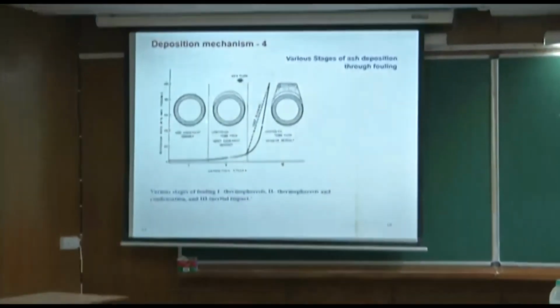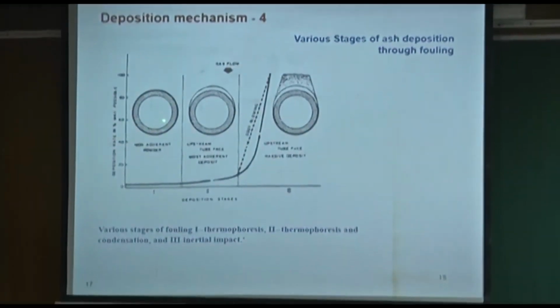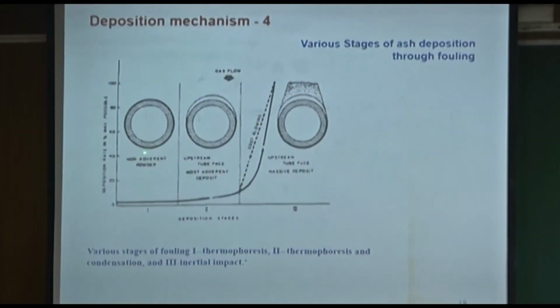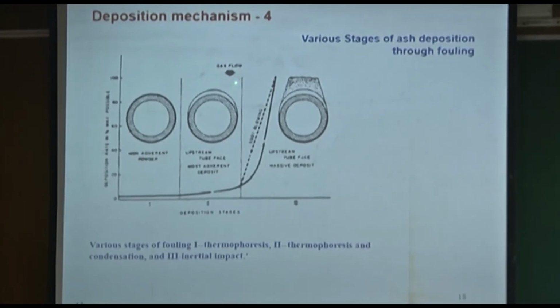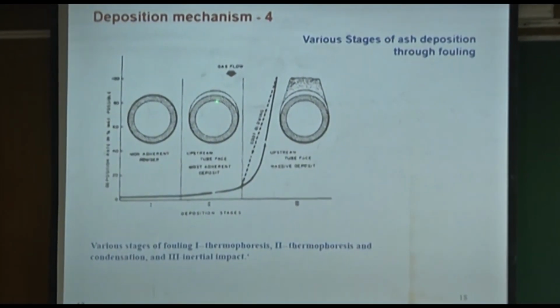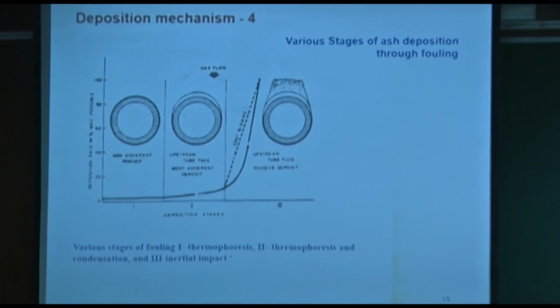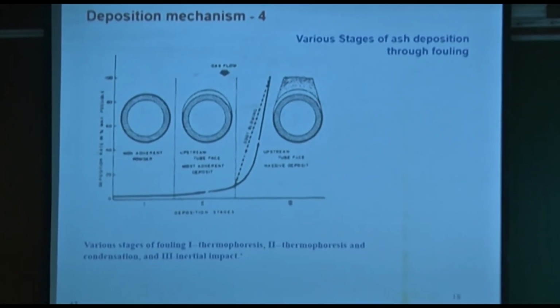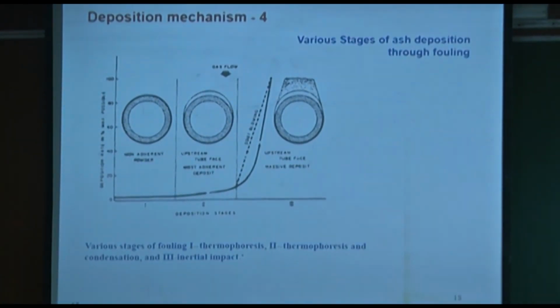And then the fouling. If you have different tubes and a very clean tube, it is not a problem, but during the deposition stages, some areas are more prone to deposition. I've shown nine different areas predominantly. These are pretty well known these days. The important thing is to apply soot blowing.